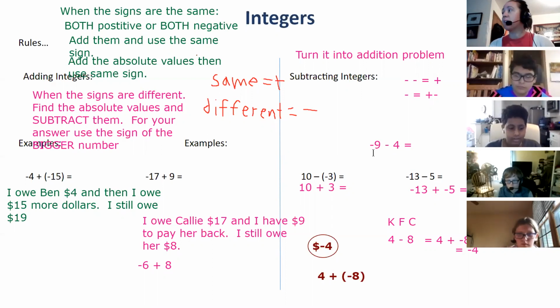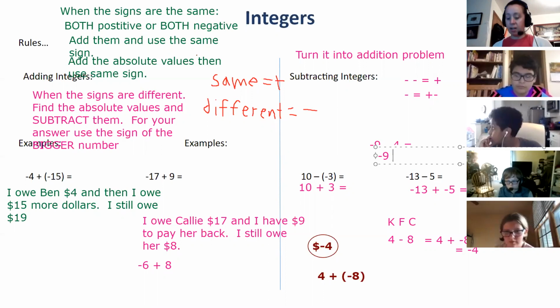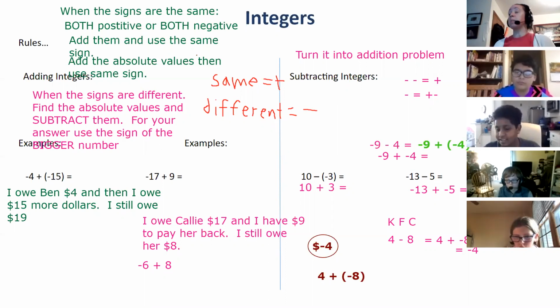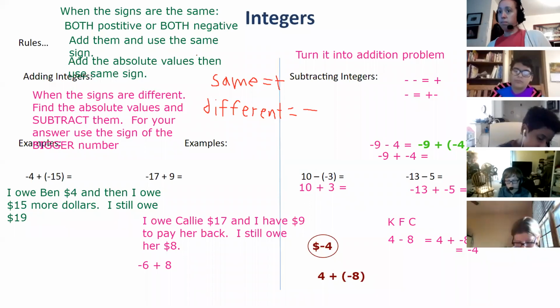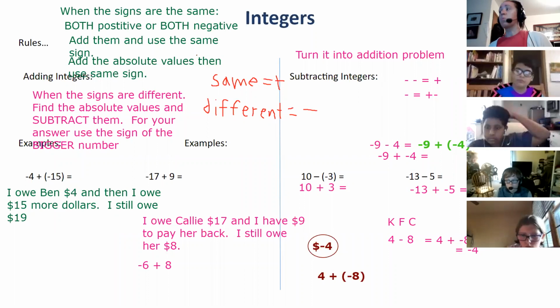Very good. Yep, Callie, you got it too. They're both negative, so your answer is going to be negative, and you just add them together. I like how someone's putting it on there with the parentheses. It's good that you guys get used to seeing that. And it would be -13. Good job.